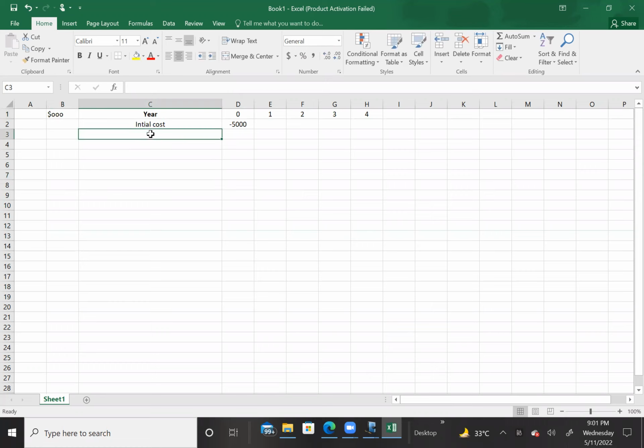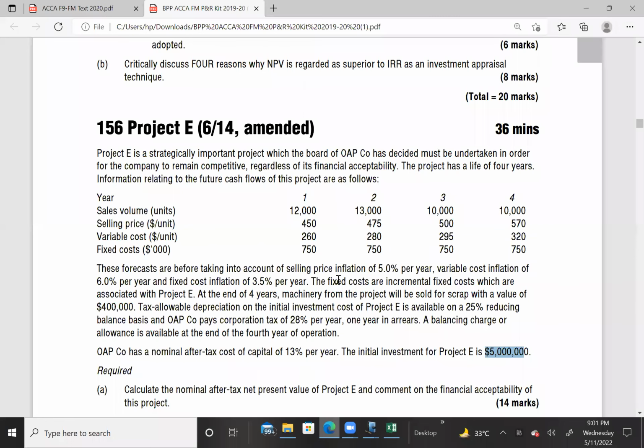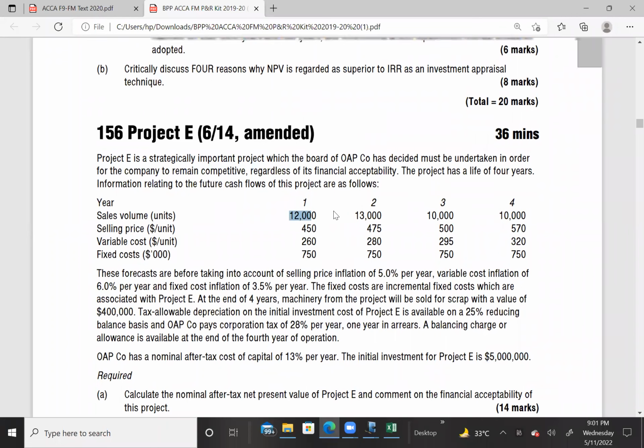Then I told you that we will take the revenue or sales, and now look at the data in the question. In the first year, we have 12,000.